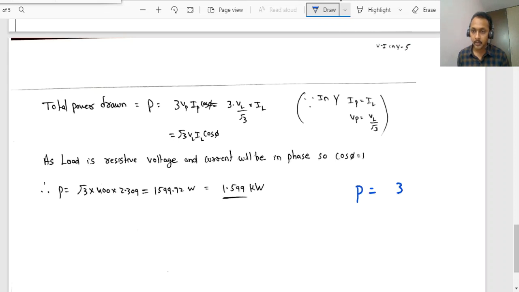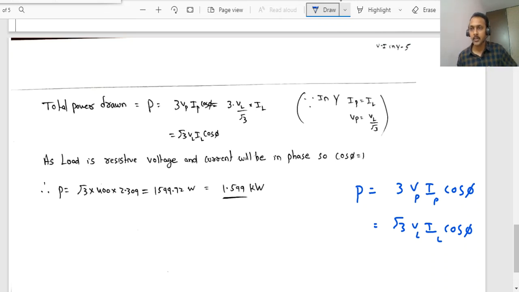If somewhere you have seen root 3 VI cos phi, then if you have used 3, this voltage and current values must be phase values. Both are correct only. If you have used root 3, then this voltage and current must be line values, very important. You just be familiar with 3 V phase I phase cos phi.